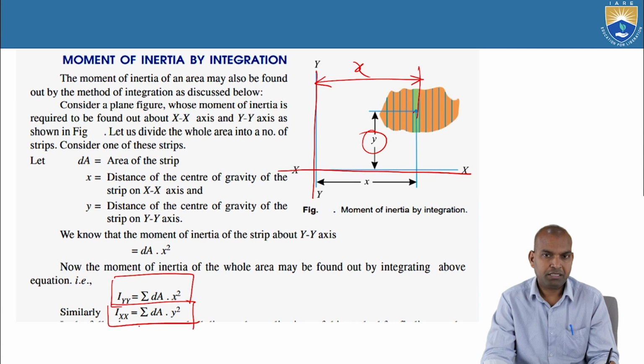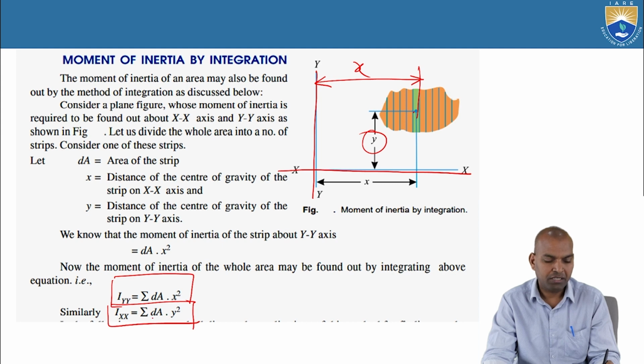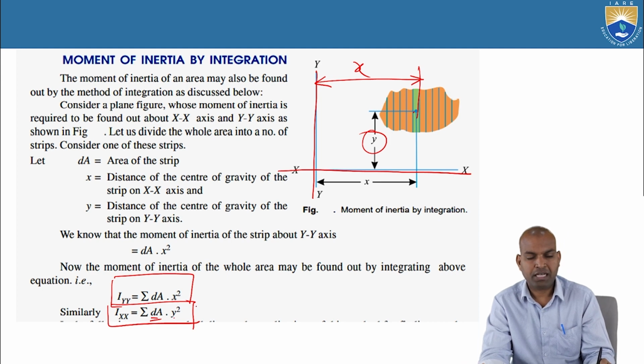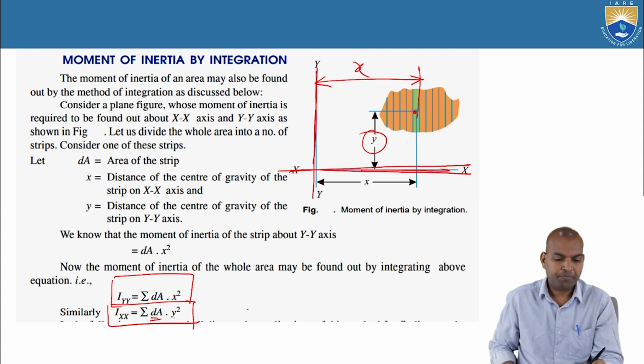In the case of Ixx, dA is the elemental area and y is the vertical distance of the centroid from axis XX. Okay, this is Ixx and Iyy.